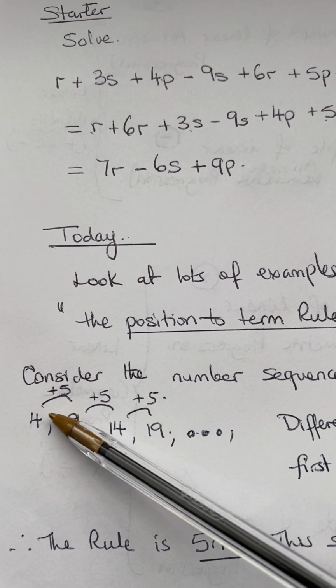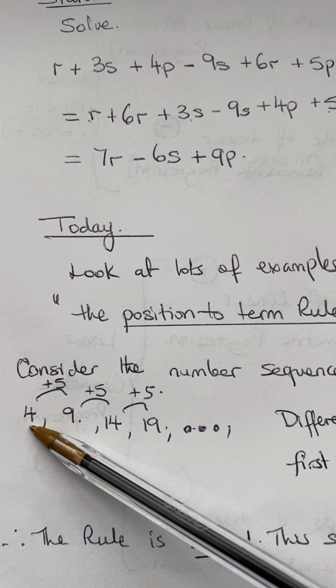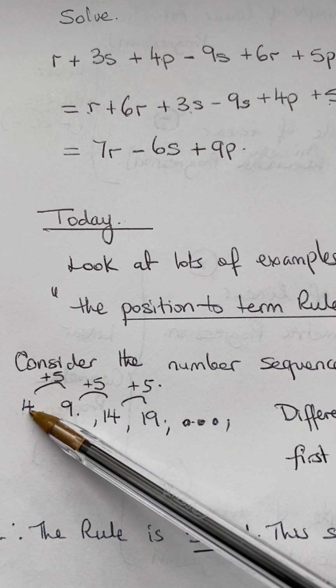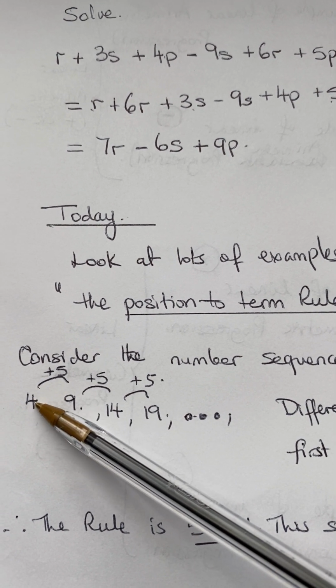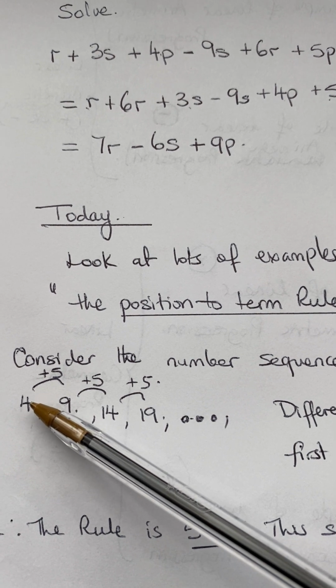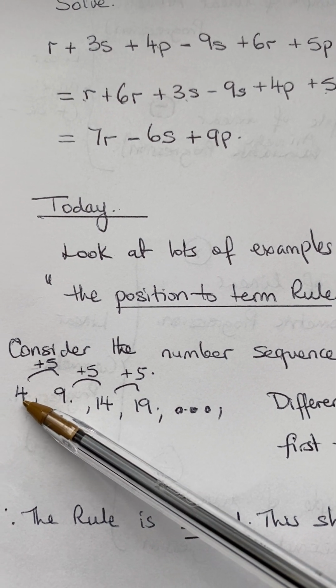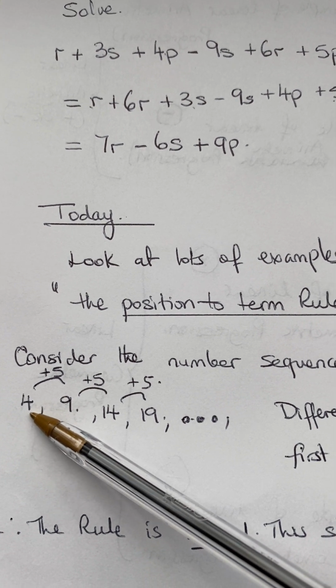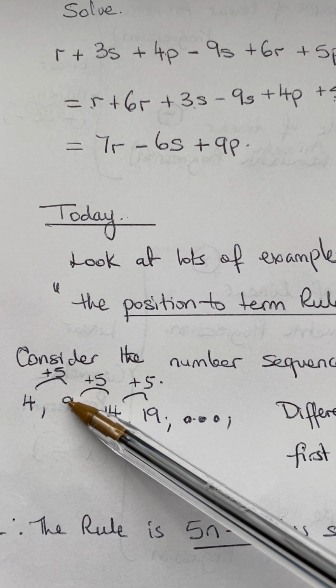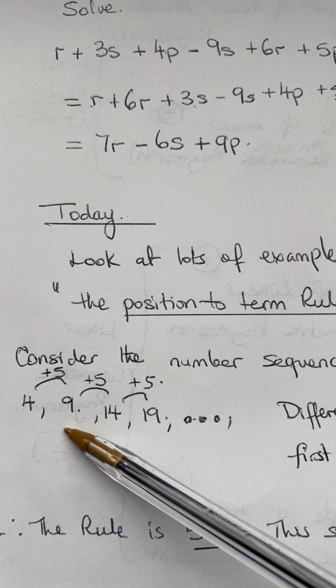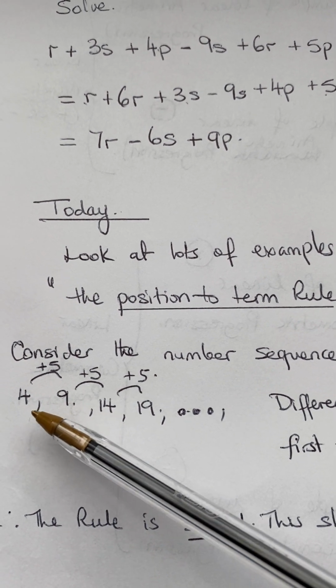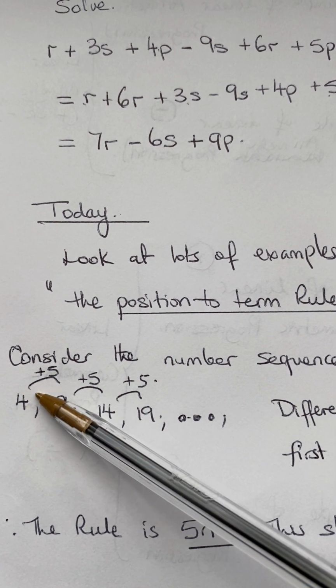Now, n here is the position. So our first term here is n equals 1. The second term is 9, n will be 2. Okay, n is not the number.